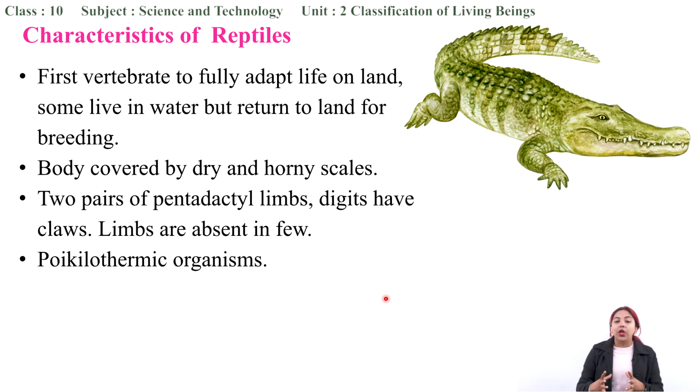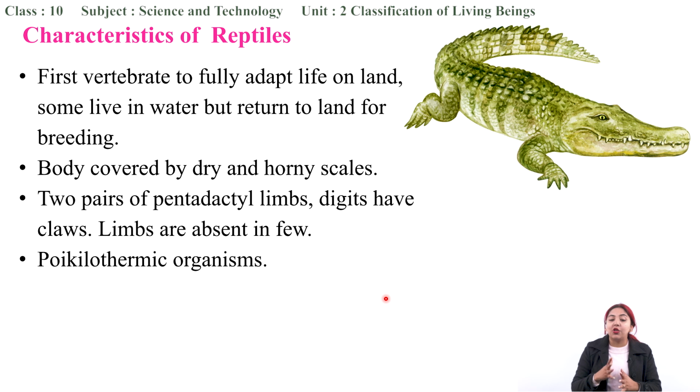Now they are poikilothermic organisms, meaning they are cold-blooded organisms. Their body temperature fluctuates, that is, it changes according to the fluctuation in the external environment. If the external environment's temperature increases, the temperature of their body also increases. If the external temperature decreases, the body's temperature also decreases.